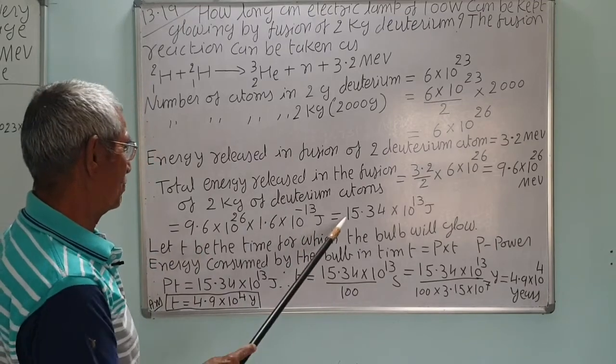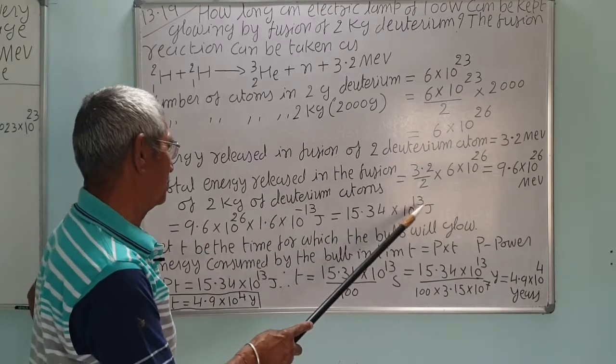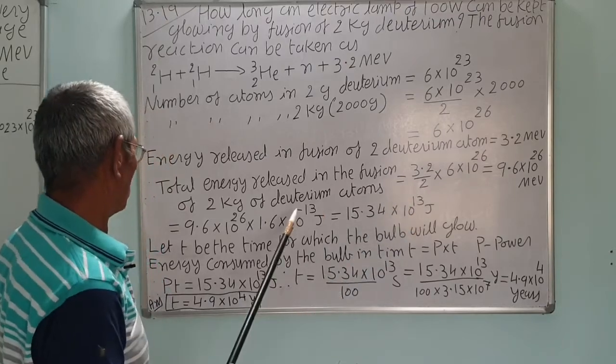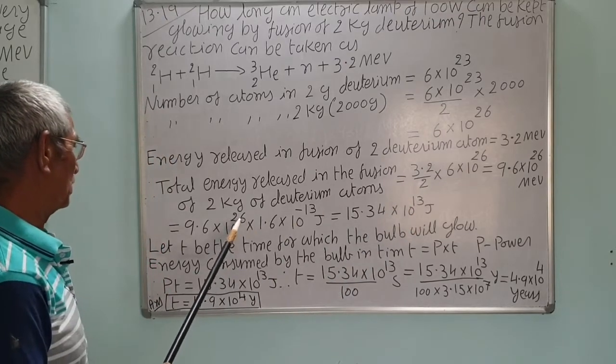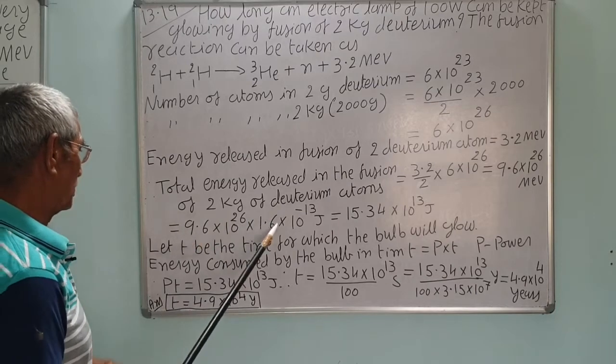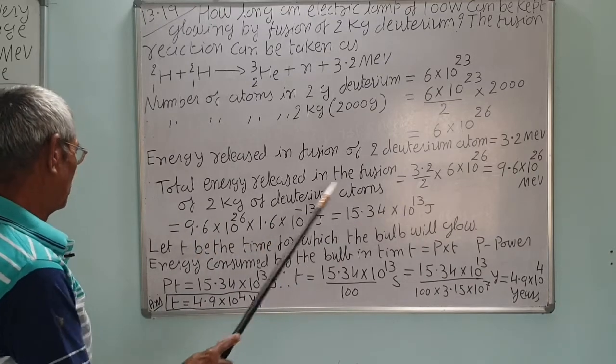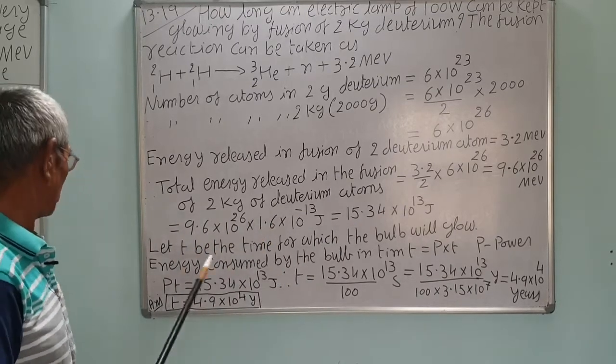So that comes about 15.34 into 10 raised to 13 joules, minus 13 and 26 gives plus 13, and this product is 9.6 multiplied by 1.6.